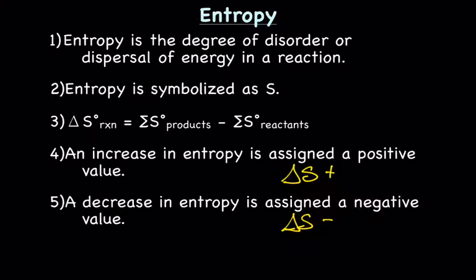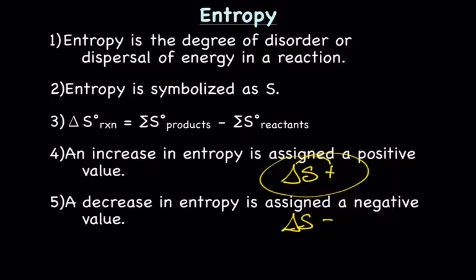It's easier to spill milk, now the milk's everywhere, more disorder, than it is to put it back in the glass. It's easier to mess up the house, more disorder, than it is to put it all back together and make it all neat. So positive delta S reactions, for now, when we're ignoring other factors, are more likely to occur.